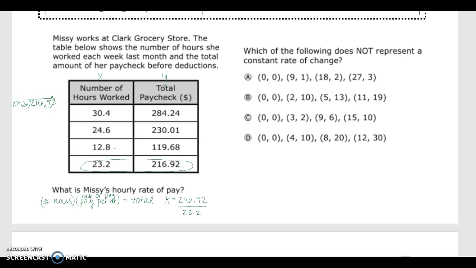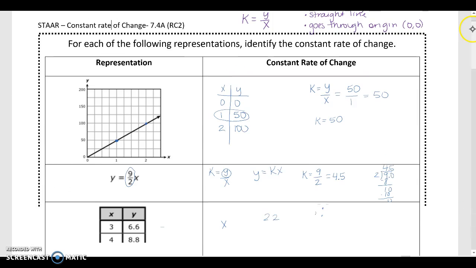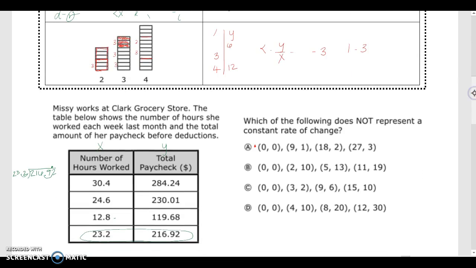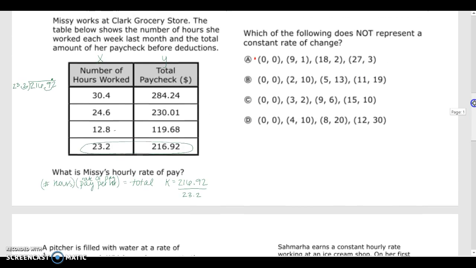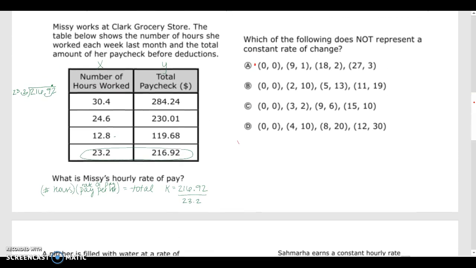So what I would do is make a table for each one. Put x and y and make the table. So 0, 0, 9, 1, 18, 2, 27 and 3. So first, make all your tables. So press pause and do that.